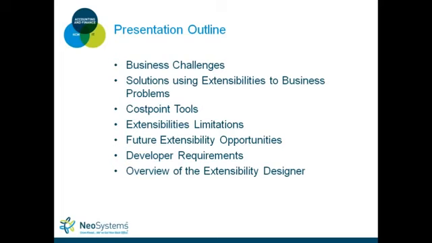And then we'll talk about the Costpoint tools as well as a tool that we need for modifying reports with the latest version of Costpoint. We'll talk about the extensibility limitations and go through those in detail, because there's certain things that the extensibility product does not do today. And then we'll even take a step forward and look at where the extensibility roadmap takes us, our future extensibility opportunities and where we can move forward in the future. The other thing we'll talk about is developer requirements.